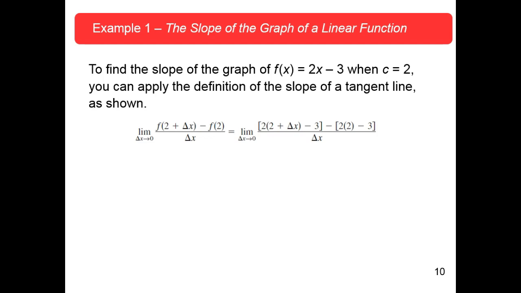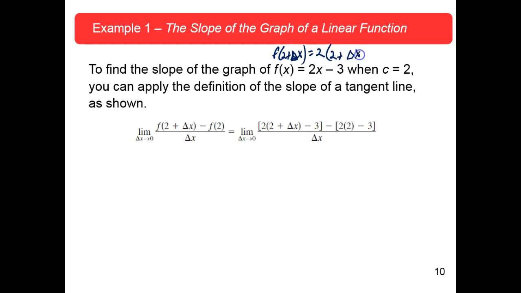So what I want you to do is figure out what f of 2 plus delta x is. Here's f of x. What is f of 2 plus delta x? You tell me. Okay, that would be 2 times 2 plus delta x.